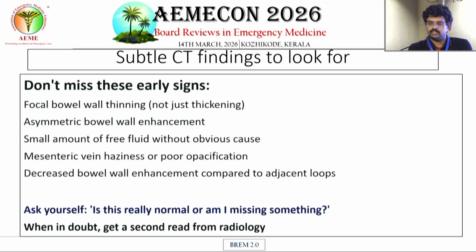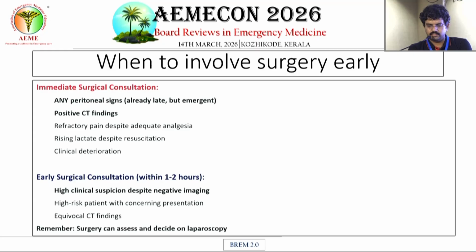So sometimes subtle signs are focal bowel thinning, asymmetrical bowel enhancement, some free fluid, mesenteric vein haziness, decreased bowel wall enhancement. These may be some of the subtle CT findings present before 6 hours.